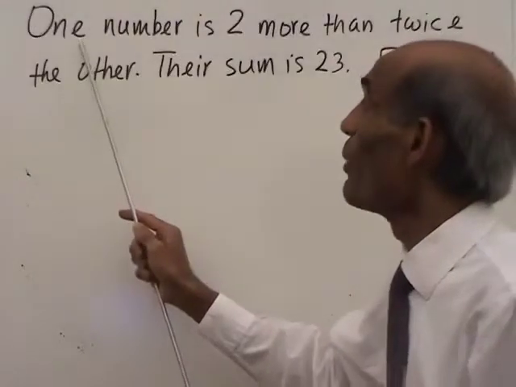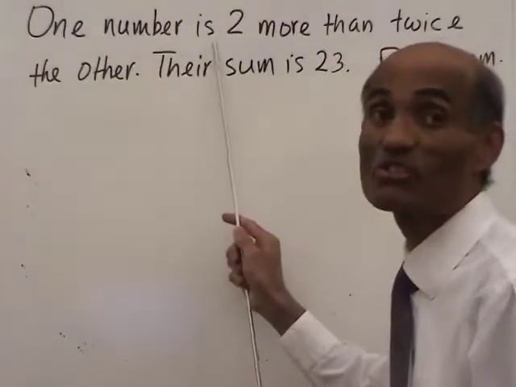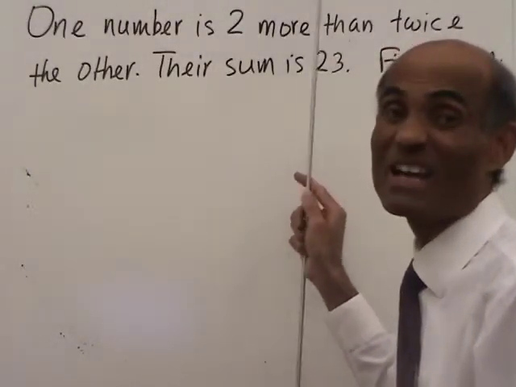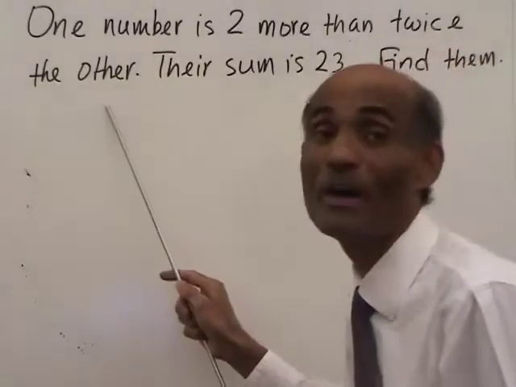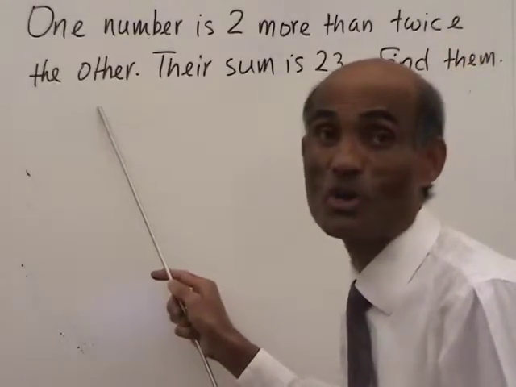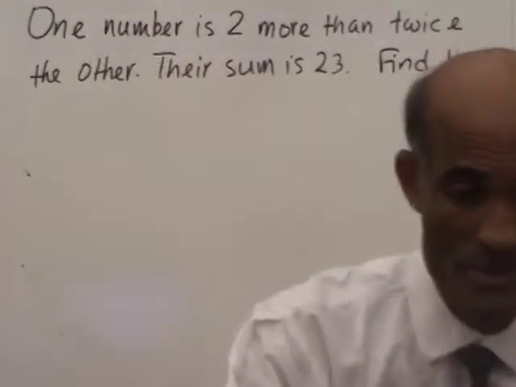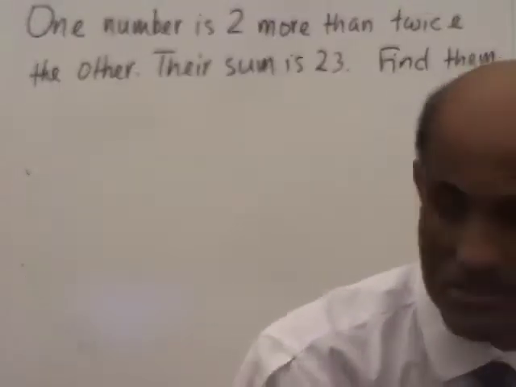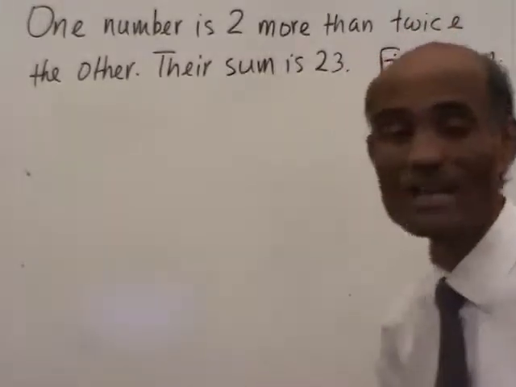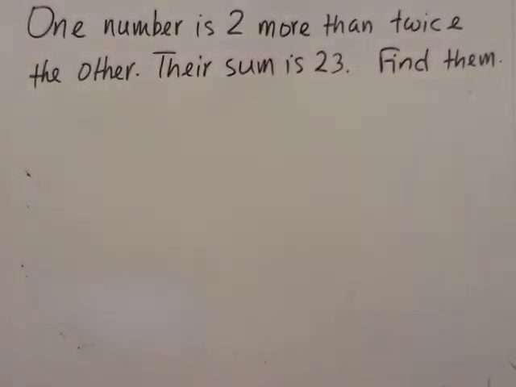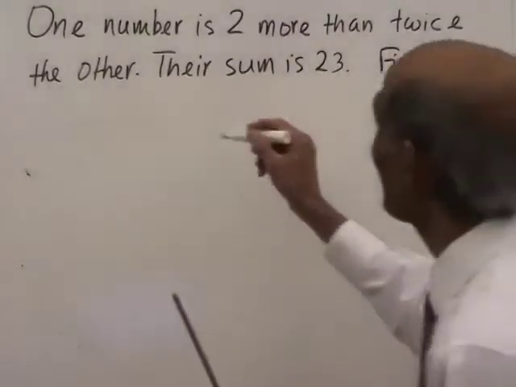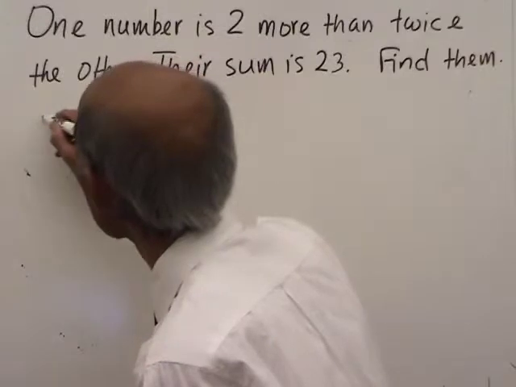Read it again. One number is 2 more than twice the other. So you're going to call the other number x. Alright? Let's see how we can write that. We're going to call the other number equal to x. So we have one number, is that right?